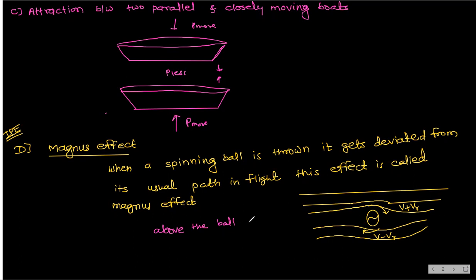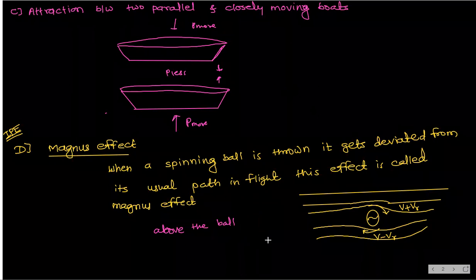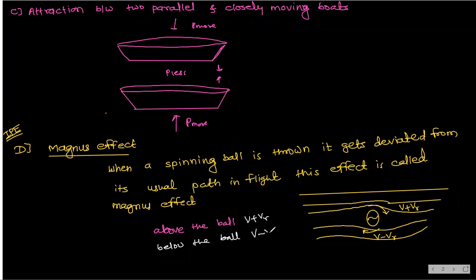Above the ball you have v plus vr, and below the ball you have v minus vr. More velocity, less pressure.